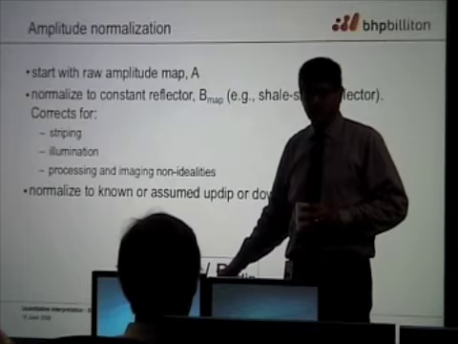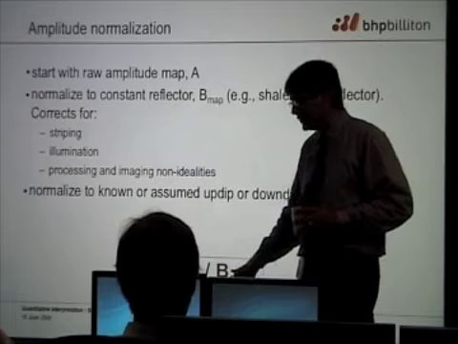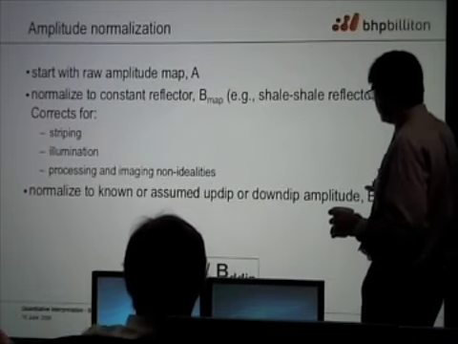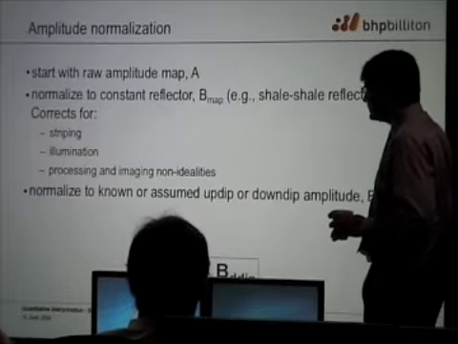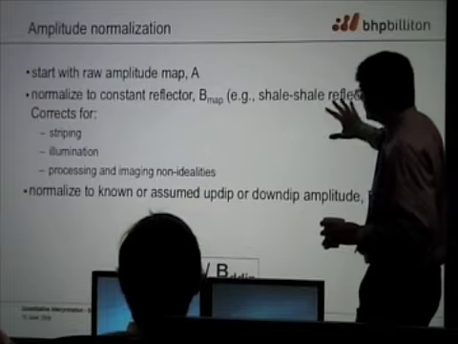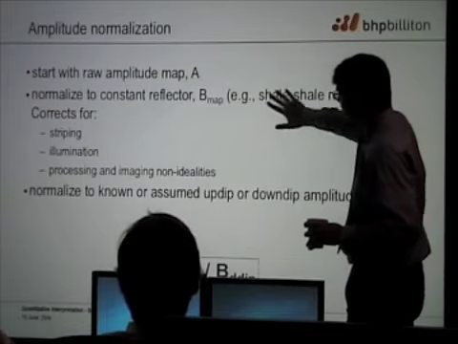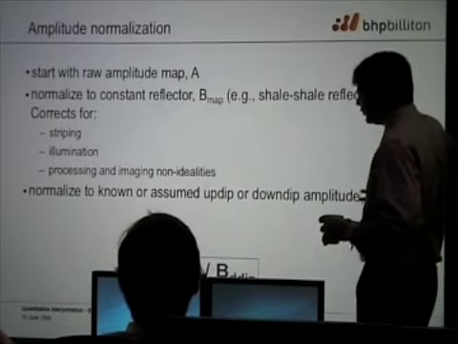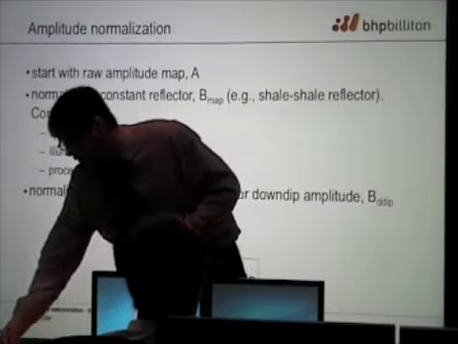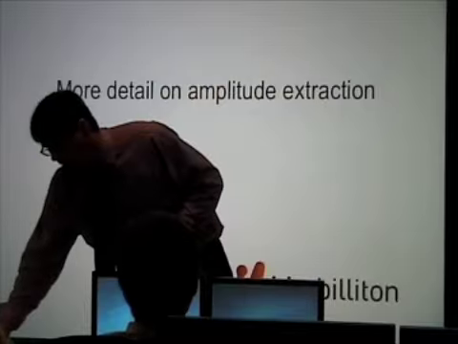Or it could be a known hydrocarbon sand somewhere in the section. That's normally what's called the up-dip A over B type normalization of the data. So I wanted to distinguish between these map-based normalizations and some of the normalizations that we resort to when we don't have a well log in order to calibrate the data.